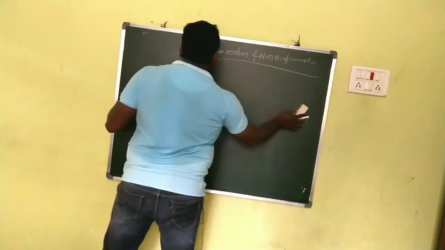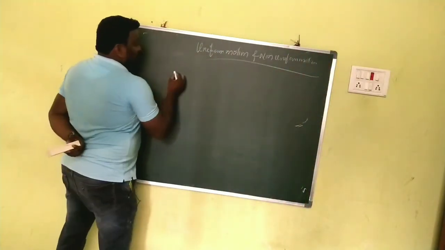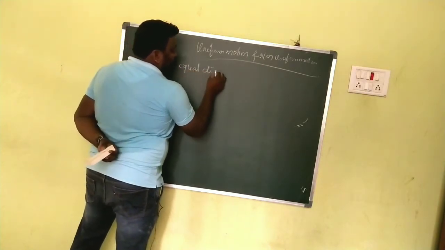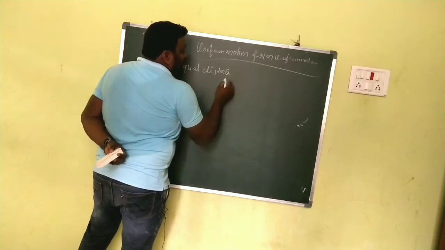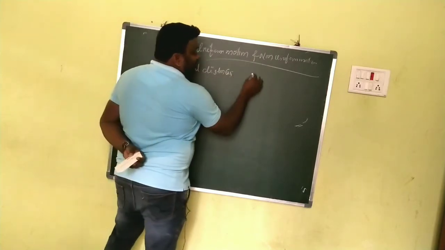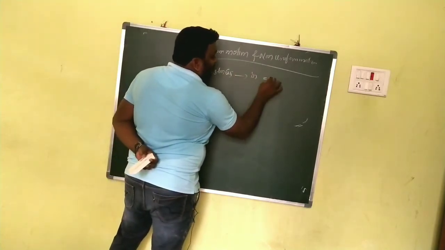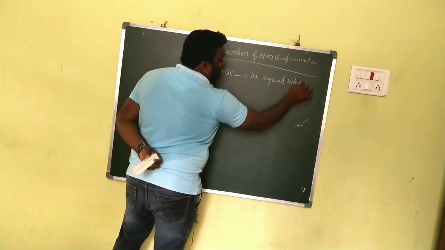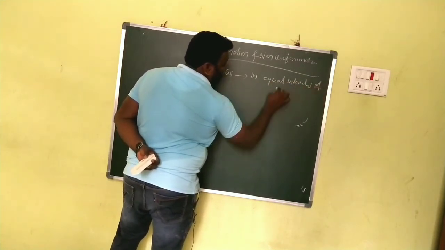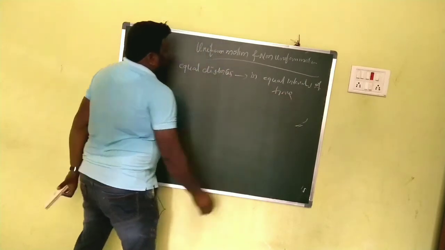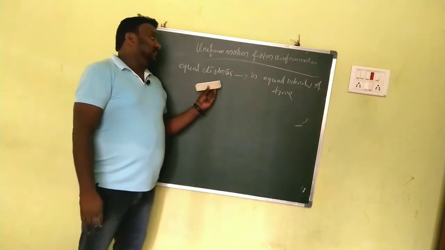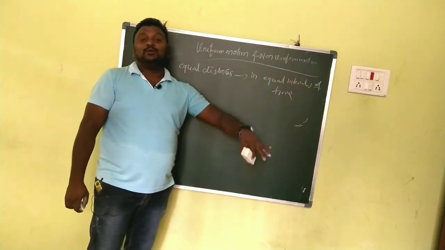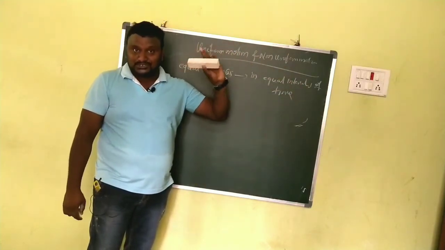Don't forget, a body covers equal distances in equal intervals of time, then the body is said to be in uniform motion.